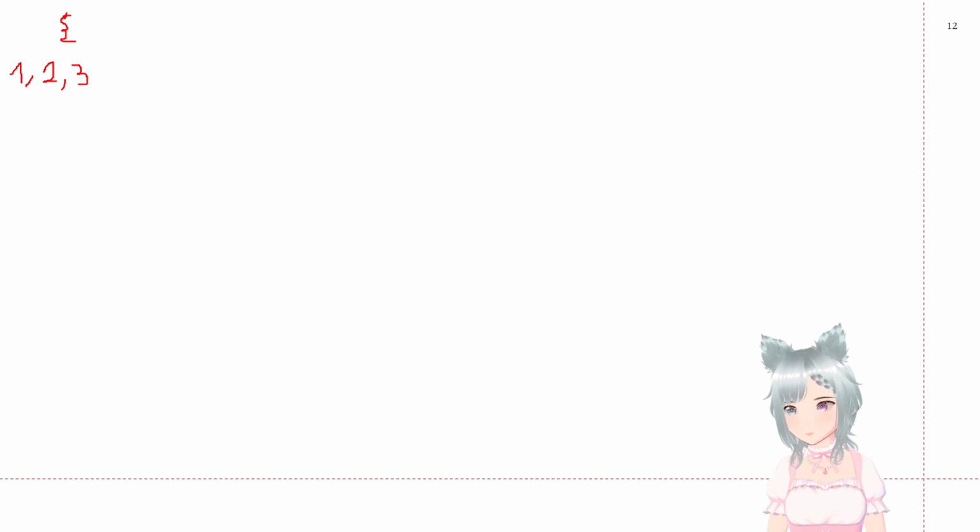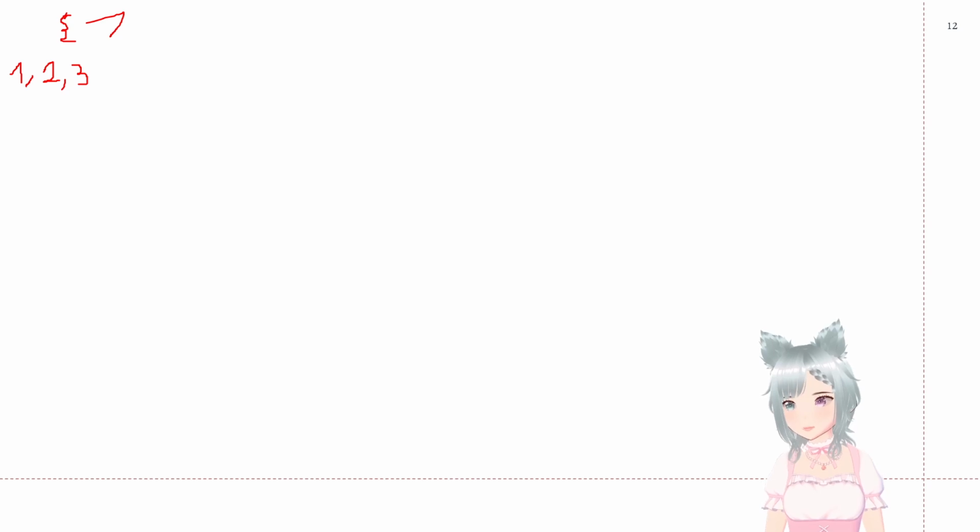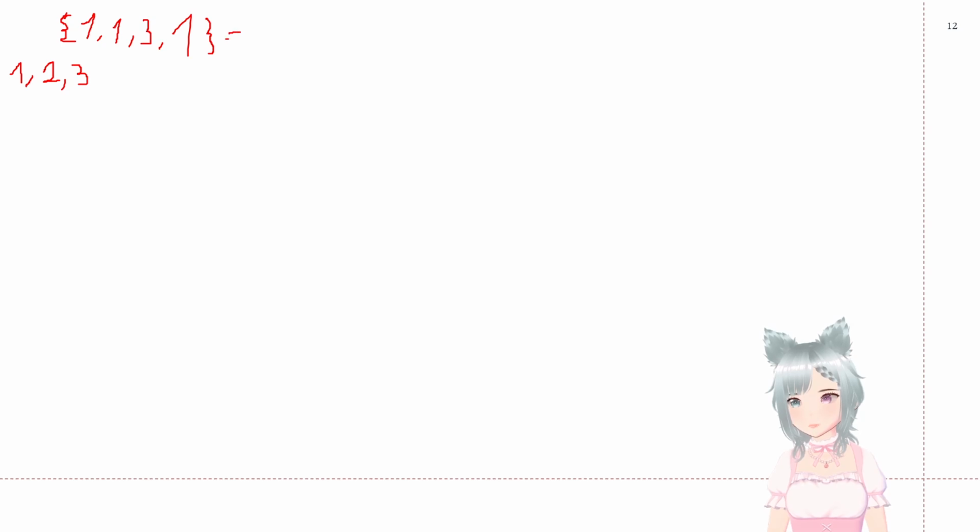For example, we can have a 1, a 1, a 3, and a 1. And because we don't look at the order, this is actually the same as having a 3 followed by 3 1s.